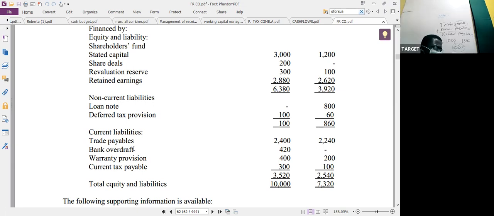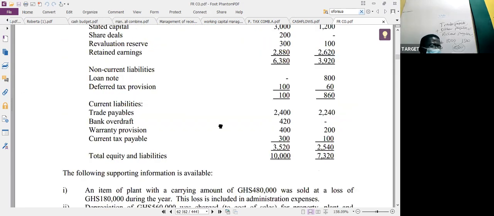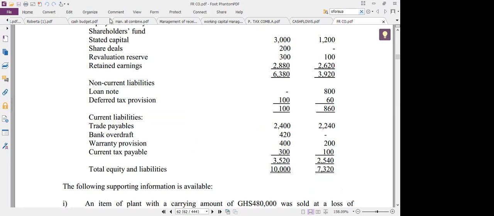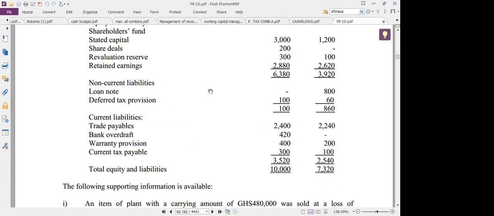Agreed. Powerful. Now we are done. So the treatment is this: find the difference between the opening balance and closing balance and go and reverse it in the P&L, in the operating activities. So it's part of the adjustment when you're adjusting the profit.